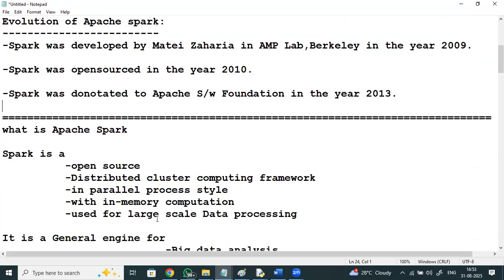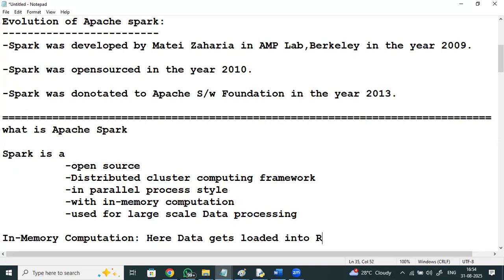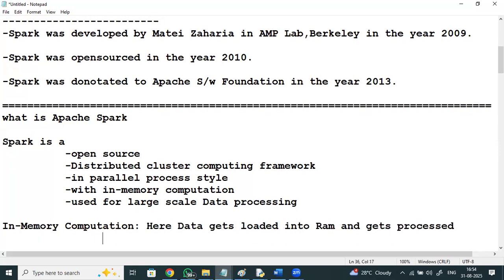In memory means the data gets loaded into RAM and gets processed within RAM. Once again, in-memory computation: the data gets loaded into RAM and processed within RAM.